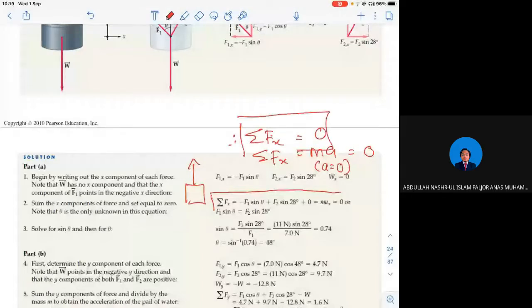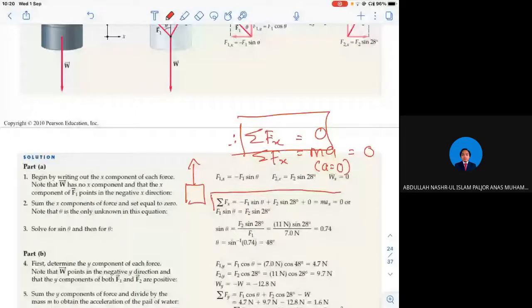That's why during your high school or secondary school, your teacher always says this one is summation of Fx equals 0, and this one is summation of F equals ma. Then you get confused because you don't understand the situation. The situation is that the motion moves in either the x-axis or the y-axis, based on the acceleration. If the acceleration is 0, then F equals 0.